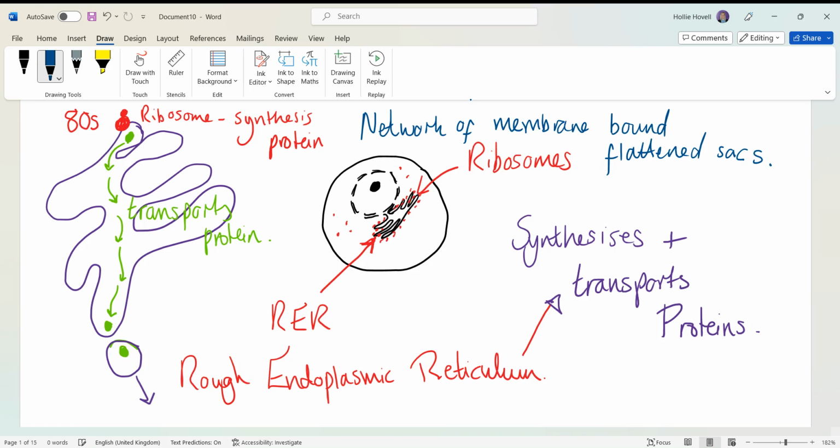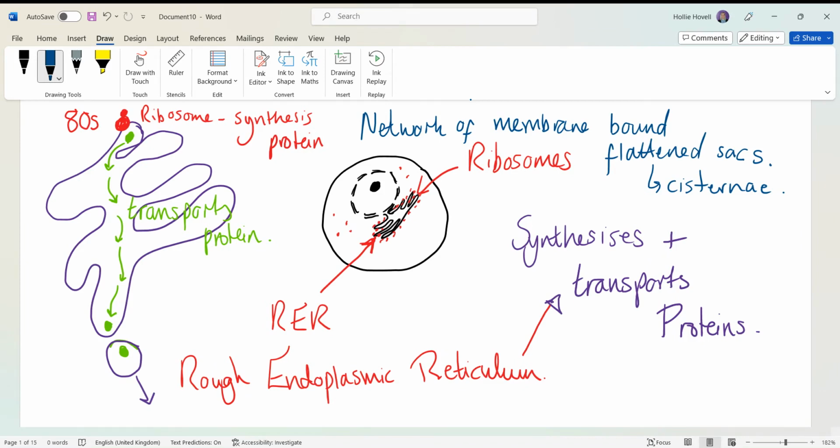Okay. Now, we say that it has cisternae. What that basically means is the way it goes out and in, out and in, out and in. So we call that shape cisternae. Okay, so it's got cisternae, and the cisternae are then covered in ribosomes, and the ribosomes is where we're going to make the proteins. Okay.